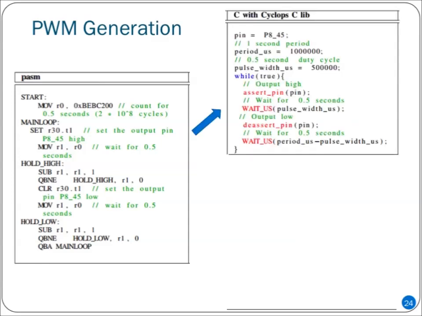On the other side, you can do this with Cyclops in the C library using the API, like assert pin, wait, deassert pin, and that's it. And here, it will understand that you will use this pin as an output. You don't need to configure anything.